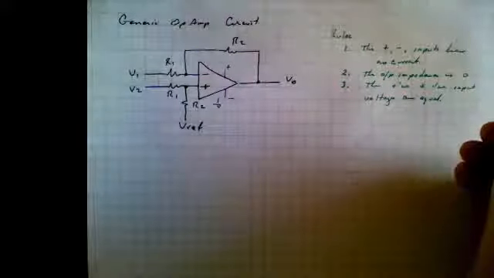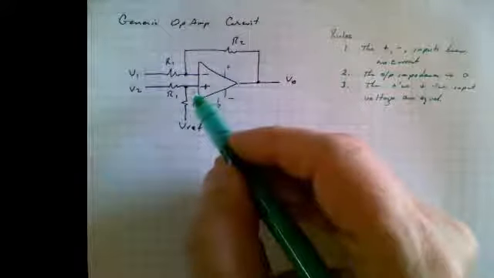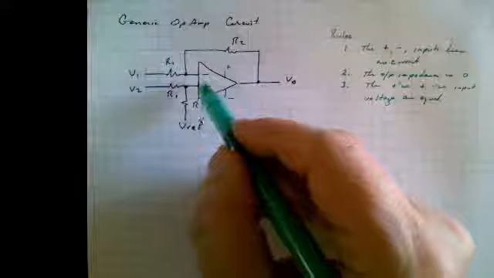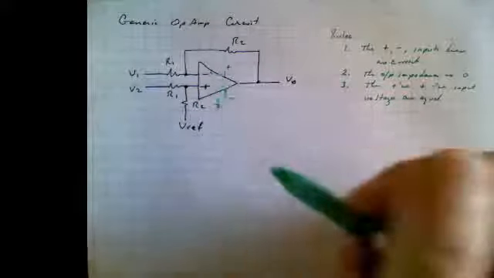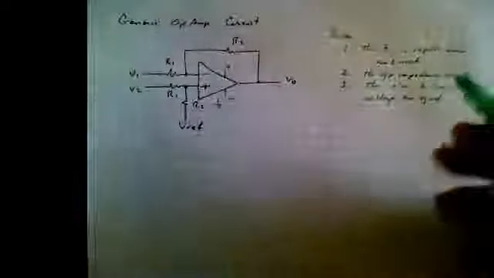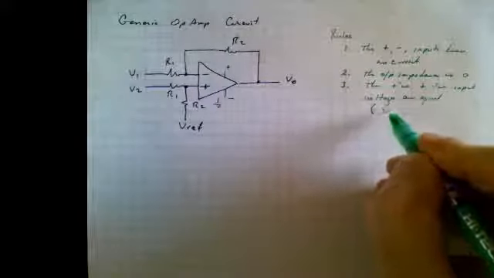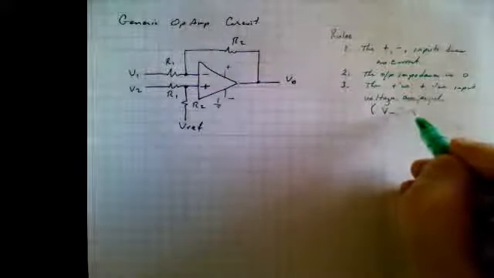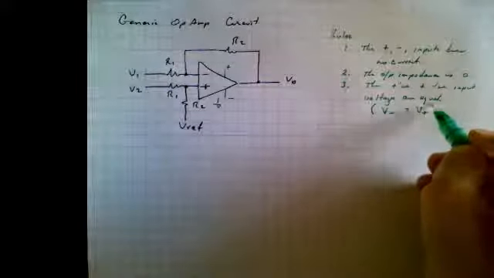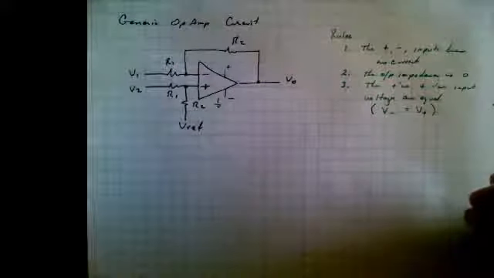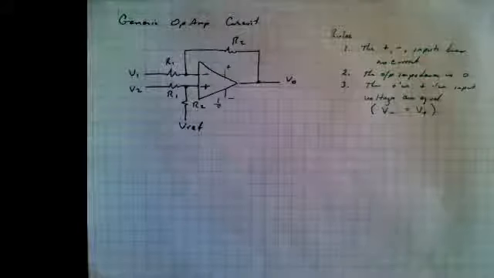That's to say that the op-amp will do everything in its power to make these two equal. If we perform some sort of analysis and it turns out that they're not equal, then it means that the op-amp is saturated or is not working properly. So to put this mathematically, we could say that the voltage at the inverting terminal is equal to the voltage at the non-inverting terminal under normal operating conditions.